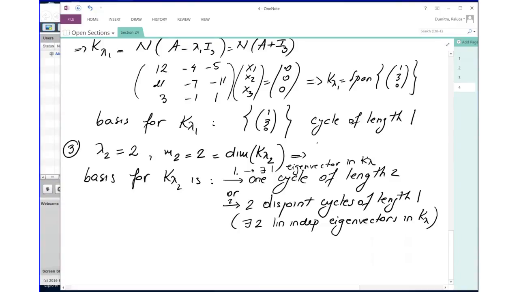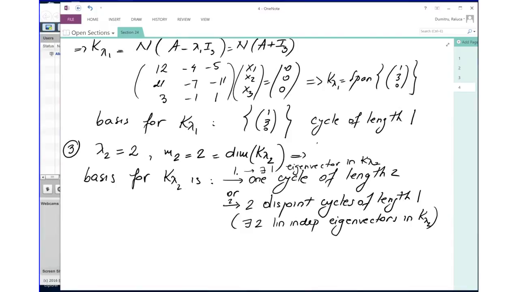Now, how do I know whether there exist 2 linearly independent eigenvectors in K lambda 2? Well, eigenvectors actually belong to the original eigenspace, E sub lambda, right?